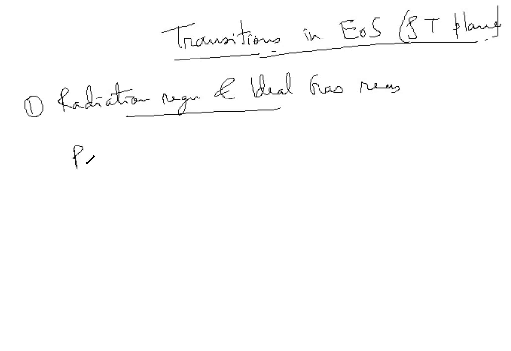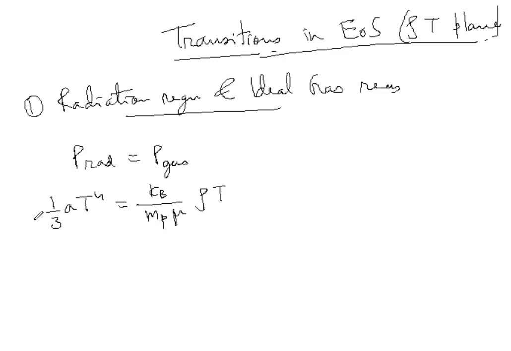Now for that what we do is this, we equate P radiation is equal to P gas. What does this mean? This means I can write it this way: 1/3 a T to the power 4 is equal to kB by mu mH into rho T. So this means I can write T cubed by rho is equal to 3R by a mu, where R is equal to kB by mu mH.